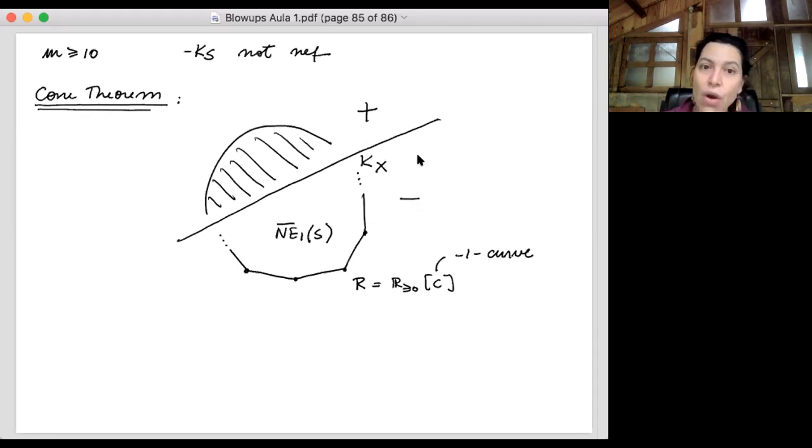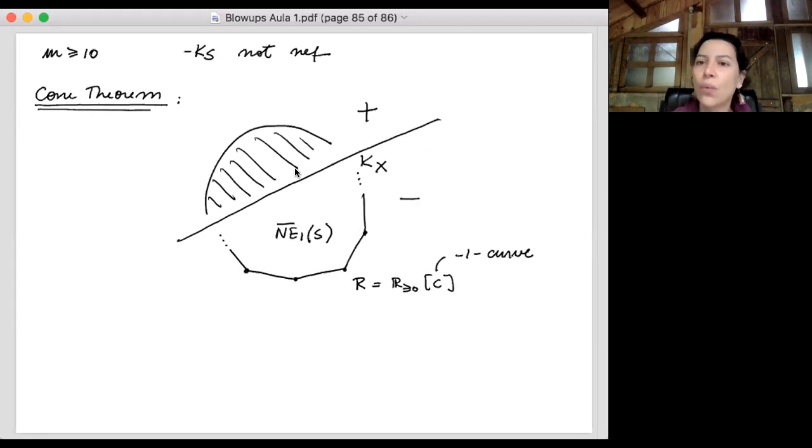On the half space of negative intersection with the canonical, the Mori cone has locally discrete extremal rays, and each of these extremal rays is generated by the class of a -1 curve. This is the behavior of the cone on the negative side of the canonical.